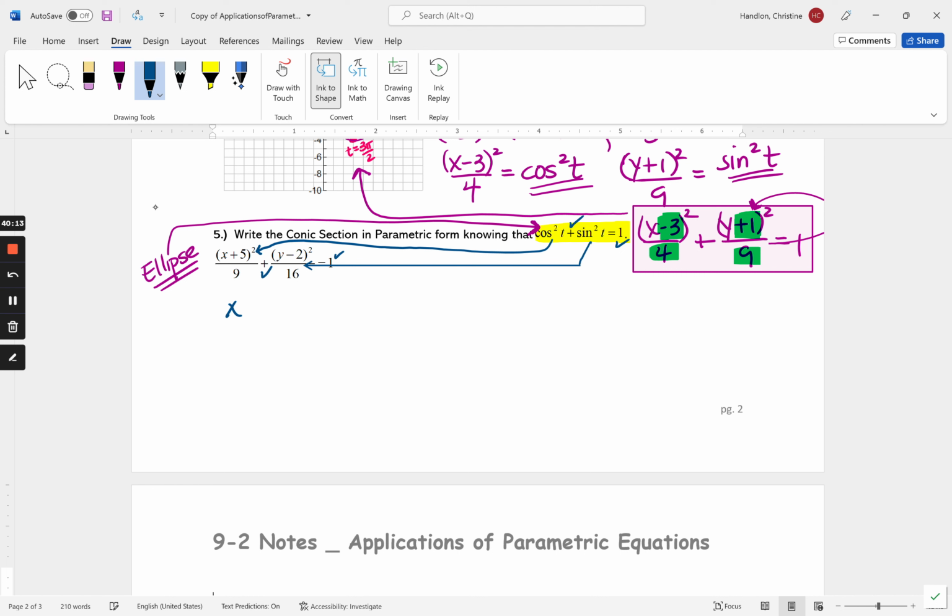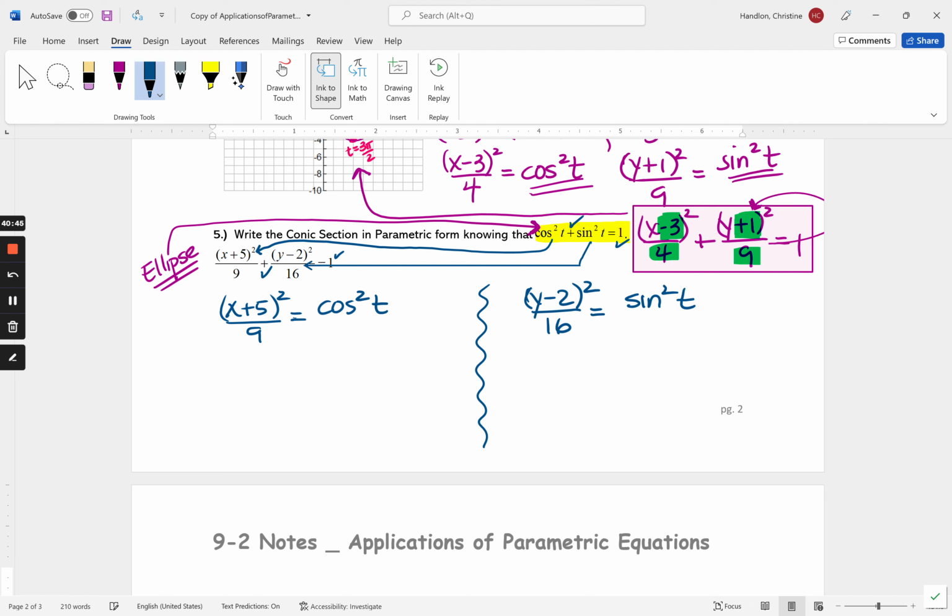So we have (x plus 5) squared over 9, and that's going to equal the cosine squared t of the other equation. I'm going to put a divider here. And then I'm going to put (y minus 2) squared over 16, and I'm going to set it equal to the other equation term, sine squared t.